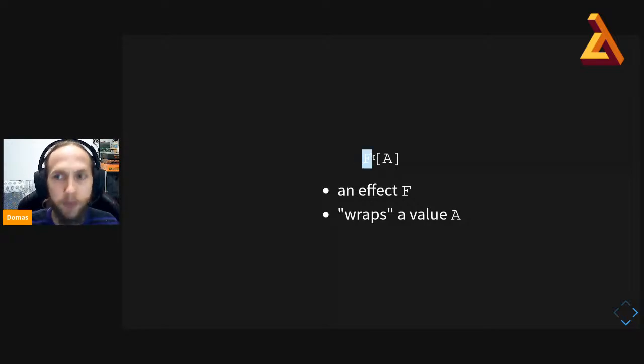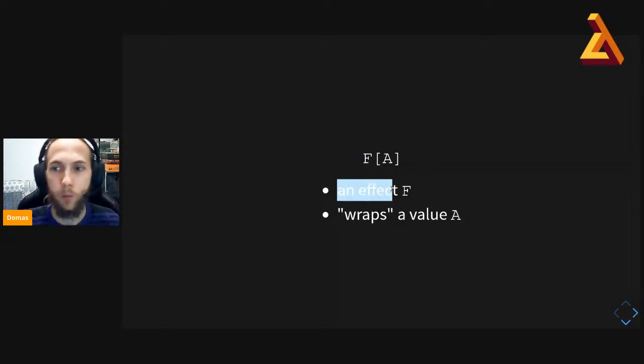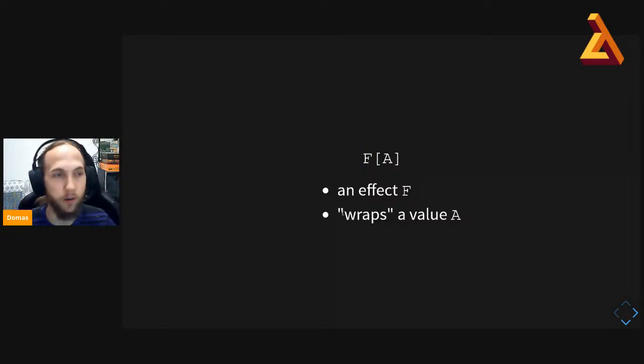We have F of A in here, where F denotes our effect, and it sort of, quote unquote, wraps a value of type A. And this "wraps" carries a lot of weight here, and people who've done functional programming for a long time might squint at me for this, because this looks a lot like the box analogy for monads, and people don't like it. But I have to use a word, and that's what I chose.